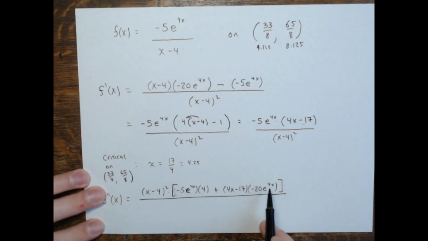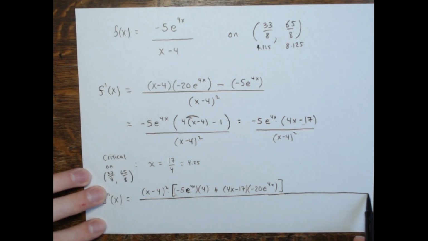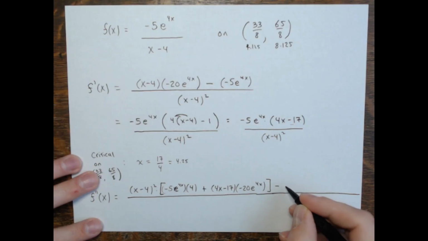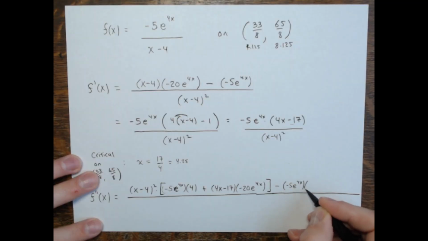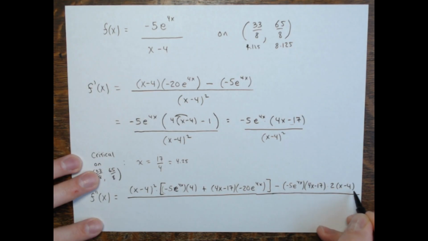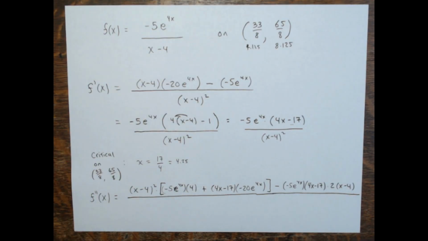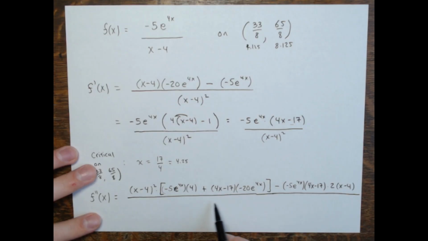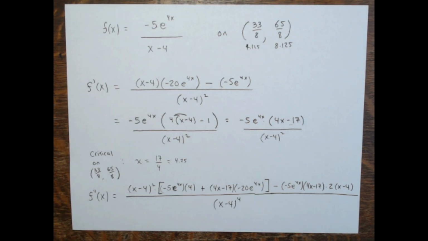All that in brackets there. All of this is the derivative of the numerator. So denominator times derivative of the numerator, then minus the numerator, negative 5 e to the 4x times 4x minus 17, times the derivative of the denominator, which would just be 2 times x minus 4 to the first. And that's it. Then all this divided by the denominator squared, so x minus 4 to the fourth.